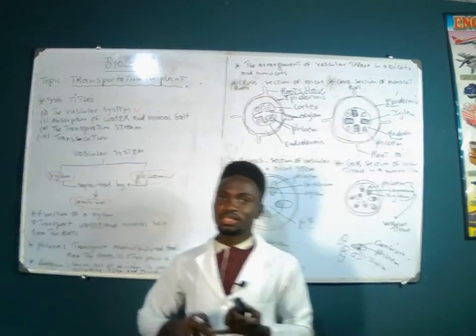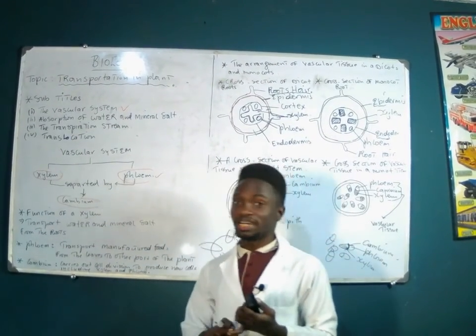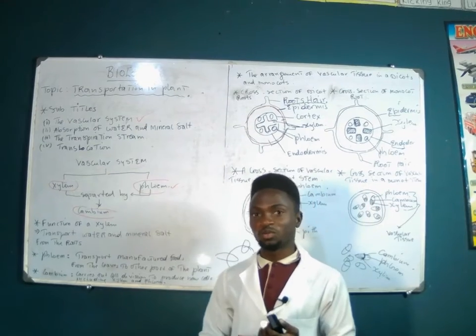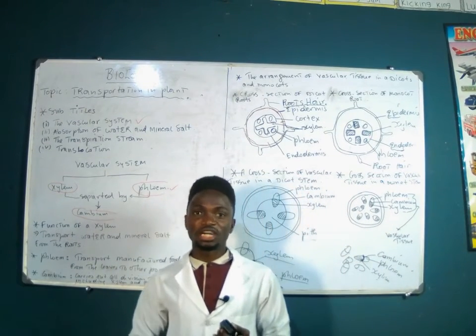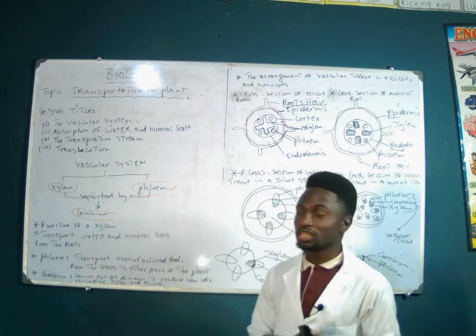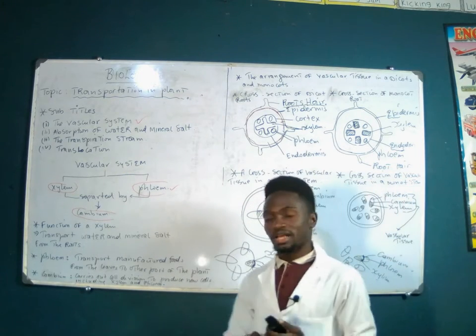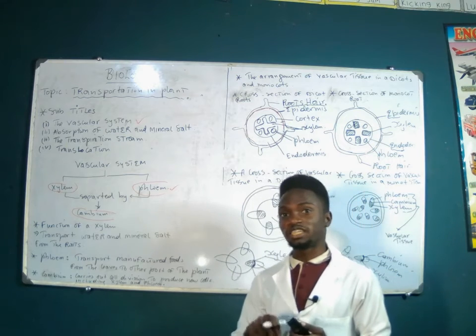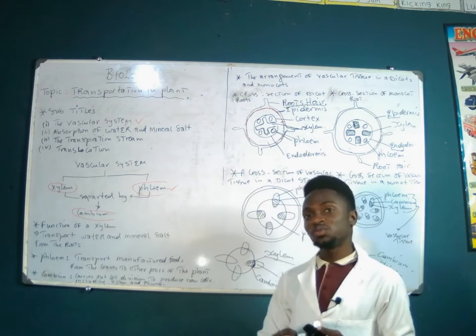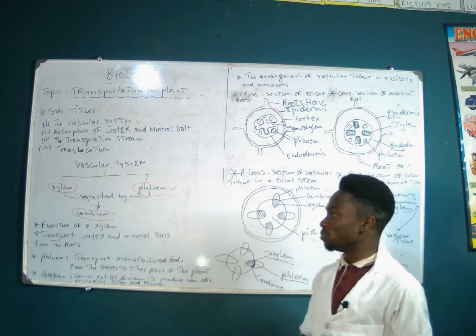Okay, so now just to give a little summary: the function of xylem is to transport water and dissolved minerals from the roots up to the leaves where photosynthesis takes place. The function of the phloem is to transport the manufactured food from the leaves to other parts of the plant.